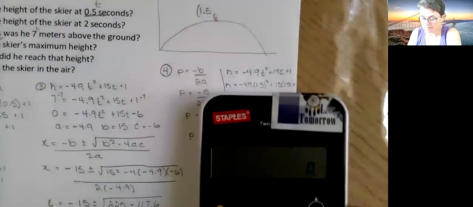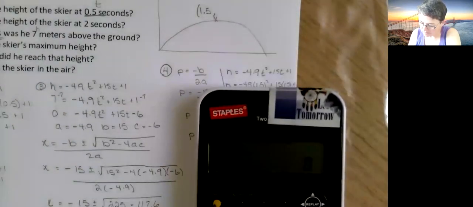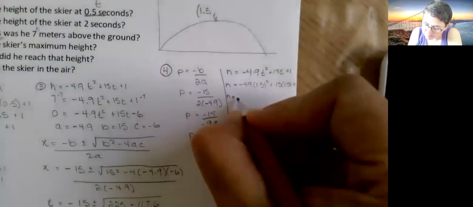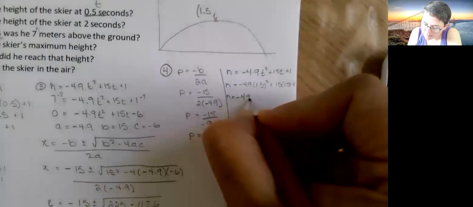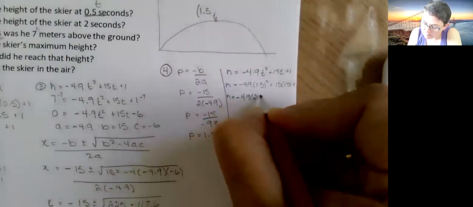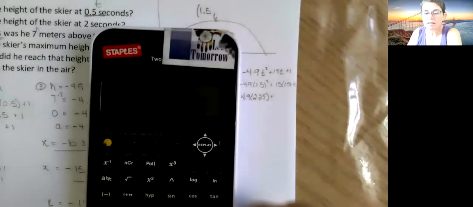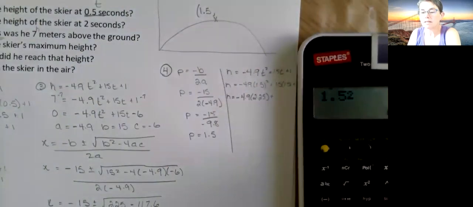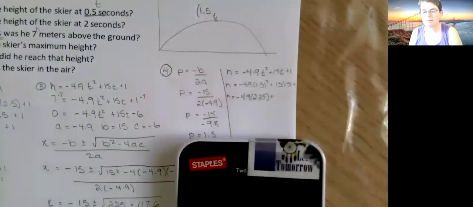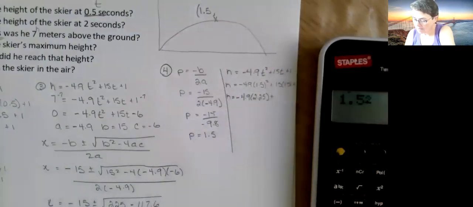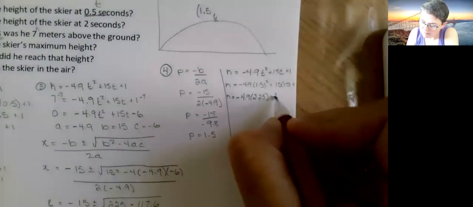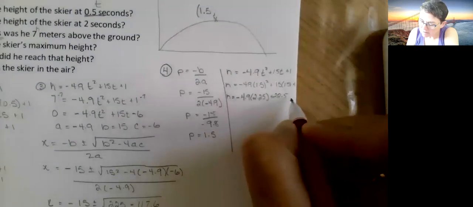All right, so 1.5 squared is equal to 2.25. Plus, oh, you can't see over there. Got to be over here. 15 times 1.5, 22.5 plus 1.